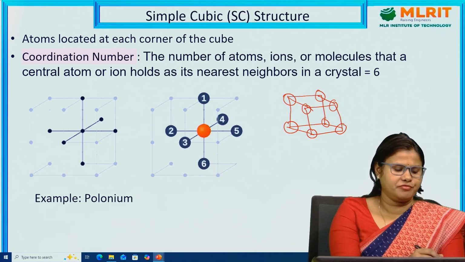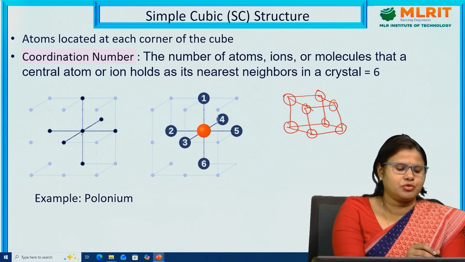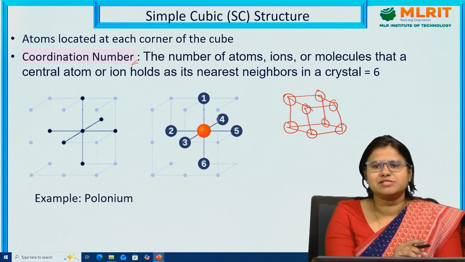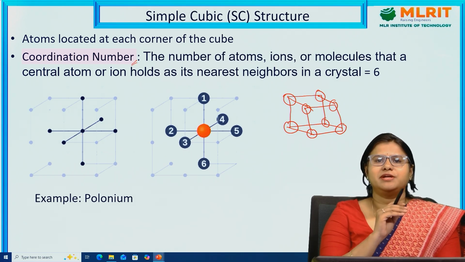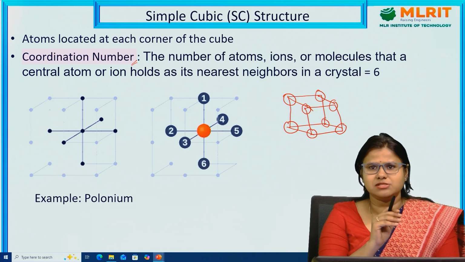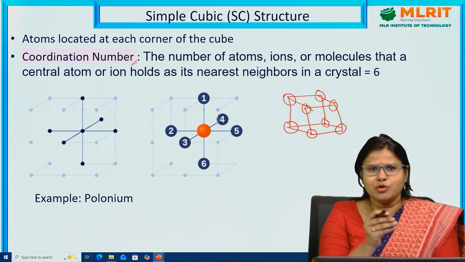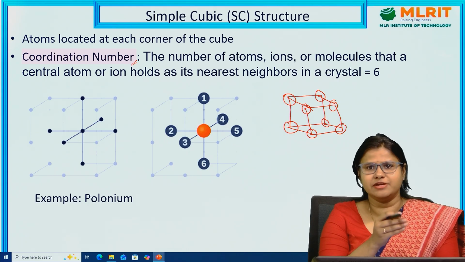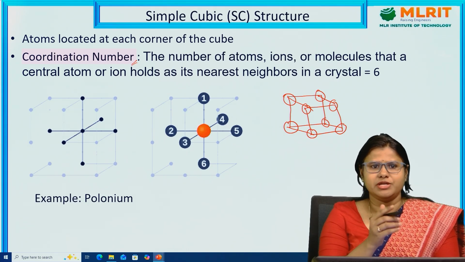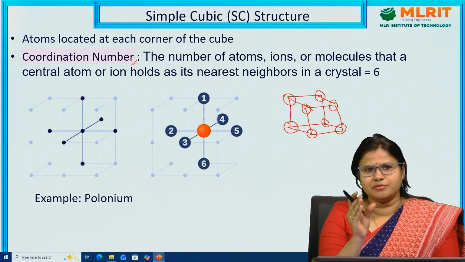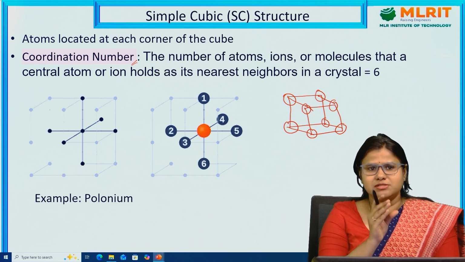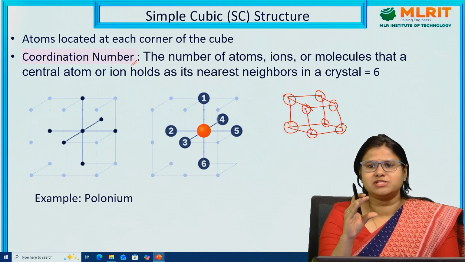Now let's see the coordination number. What is the coordination number? This is the number of atoms, ions or molecules that a central atom or ion holds as its nearest neighbors in a crystal. I told in the previous class that a crystal is built from unit cells.